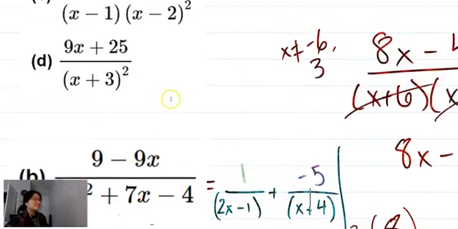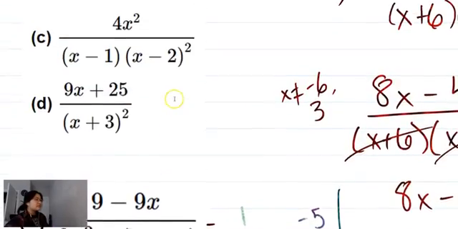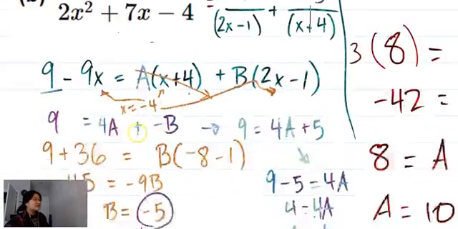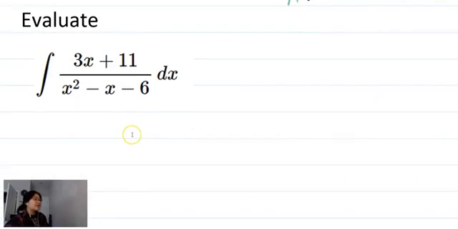All right. And if you want to look at these, then head over to Paul's online notes. So, how are we going to evaluate this? Well, we should probably decompose our integrand. So, what does that give us?